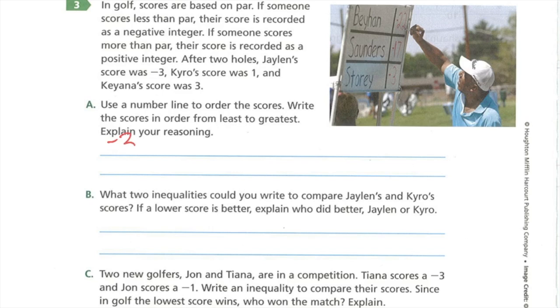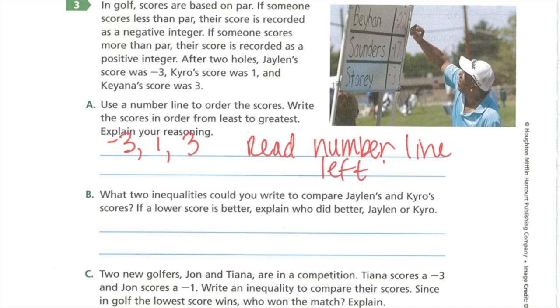All right, so you made your number line and then you read it left to right. So you're going to see it goes -3, 1, and 3 because you read your number line left to right. What 2 inequalities could you write to compare Jalen and Cairo's score?